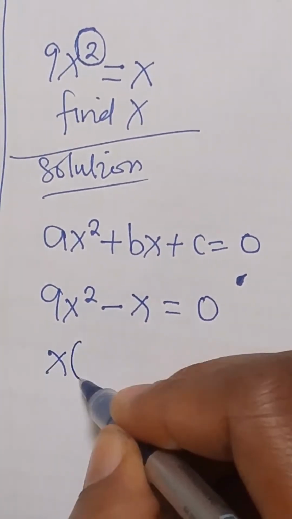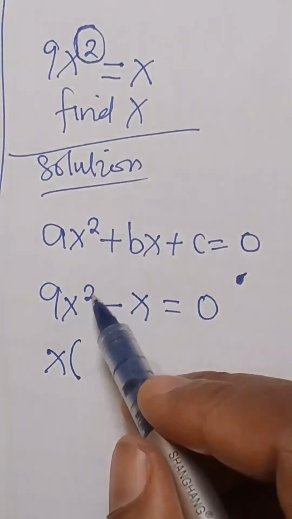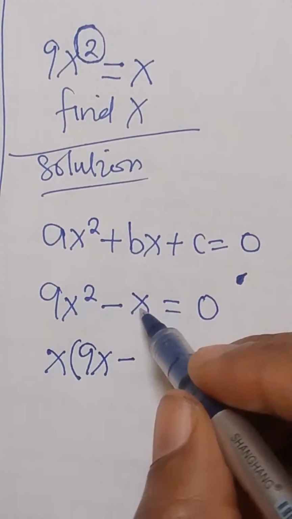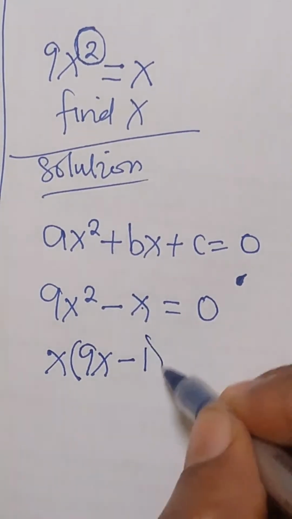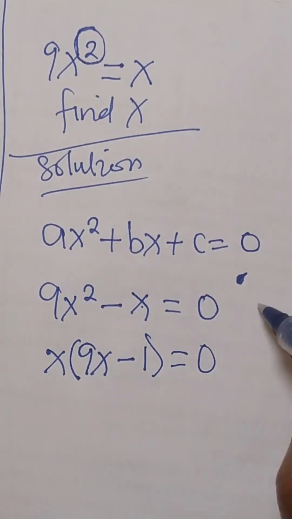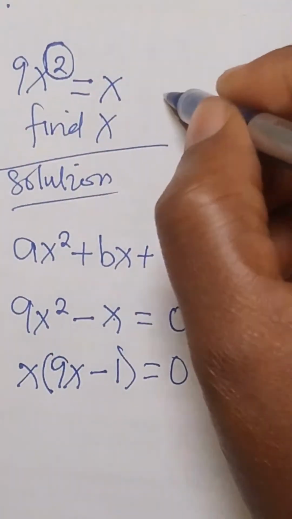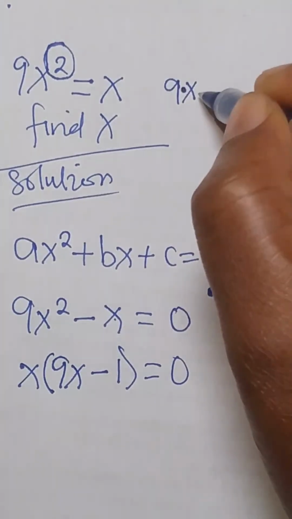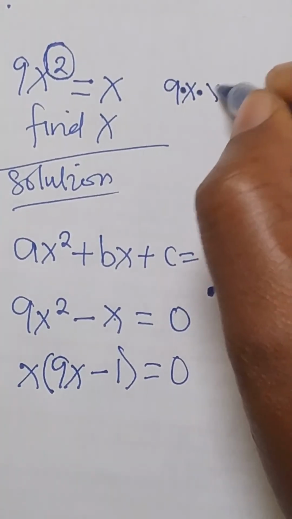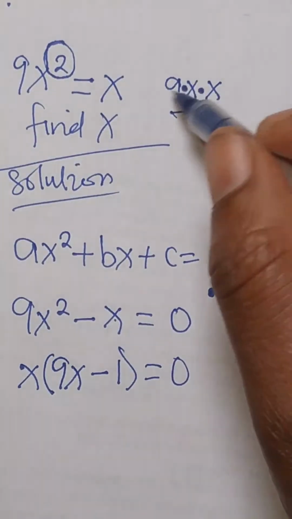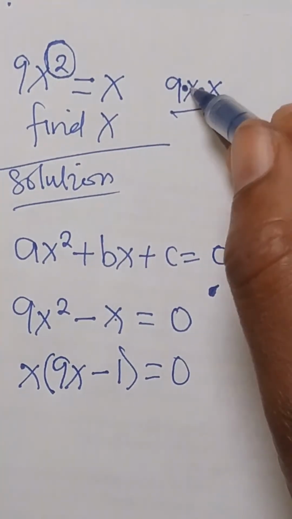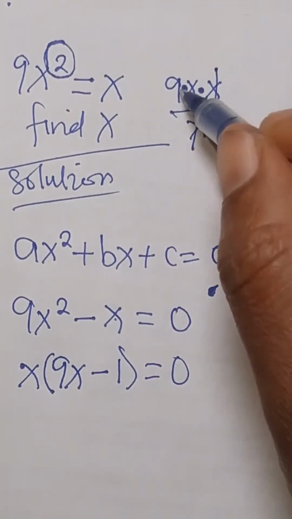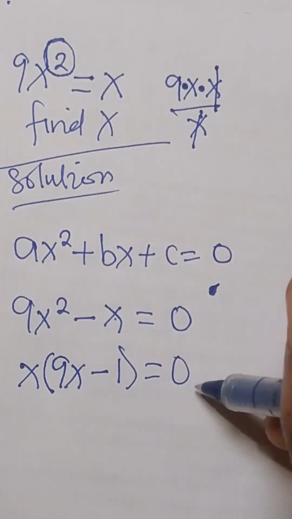We have x bracket, 9x squared divided by x gives 9x, and minus x divided by itself gives 1, equals 0. Instead of writing x for times, let me use dots. I divide by x, the x cancels, and I have 9x minus 1 equal to 0.